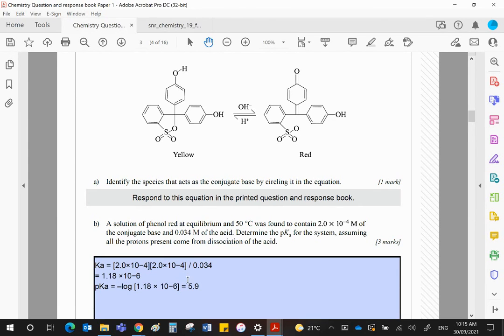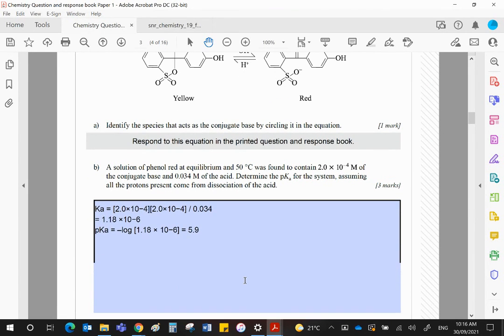This would be the H plus, and then you divide by the concentration of the acid. It says at equilibrium, there's your concentration of acid. So you divide that by 0.034. I'm assuming Ka is nice and easy. A minus times H plus over HA, and there it is there. Pop in the values, work out Ka, and then pKa is simply the negative log of that.